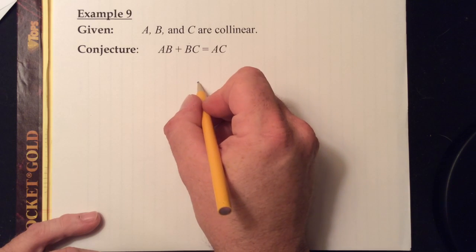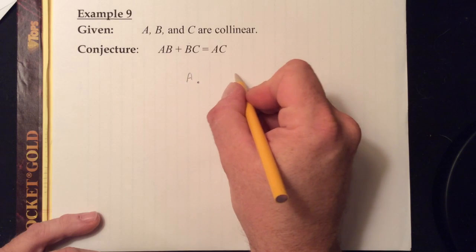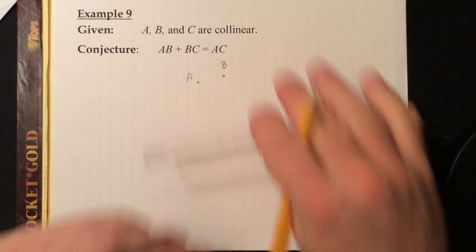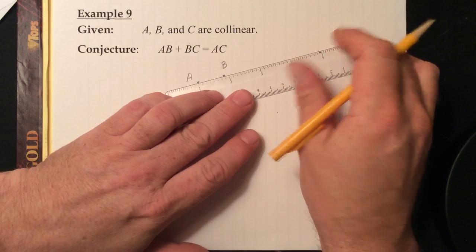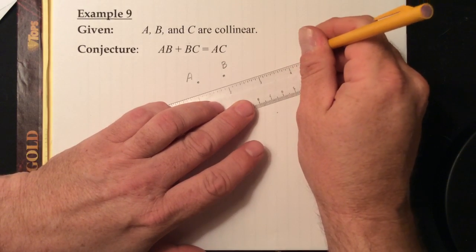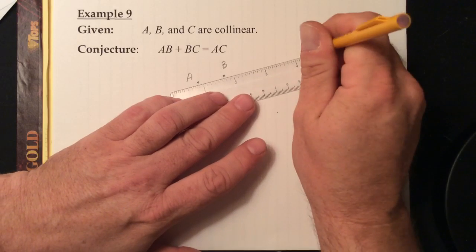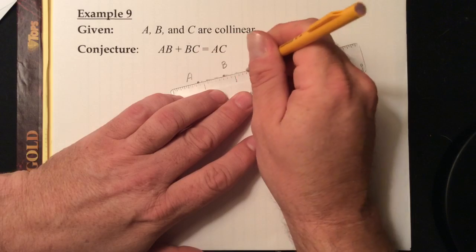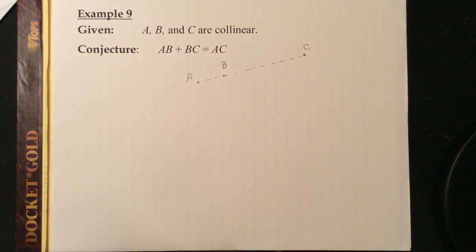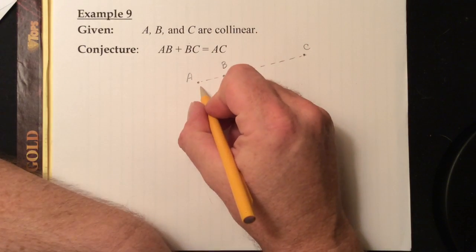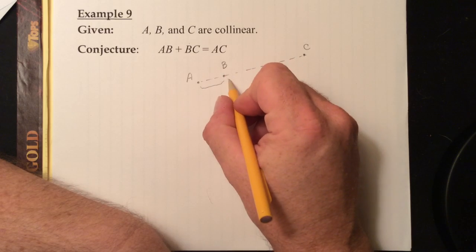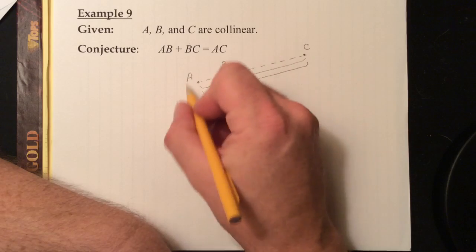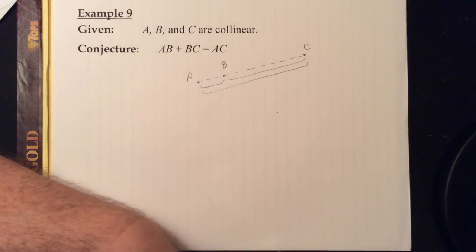If we put point A here, and put point B here, and C, they all have to be collinear, so let me line these up. Let's put C way over here. These are collinear because they all form a line here. Then the length of AB plus the length of BC equals the length of AC. So it works with this particular example.